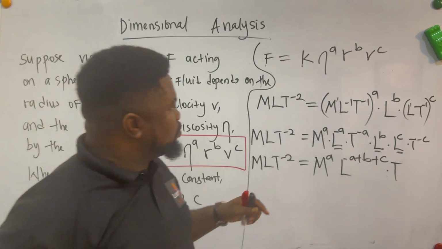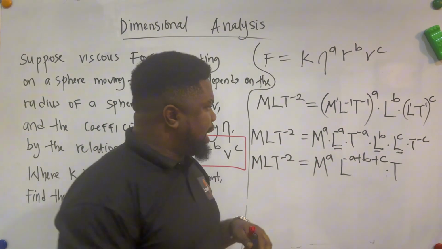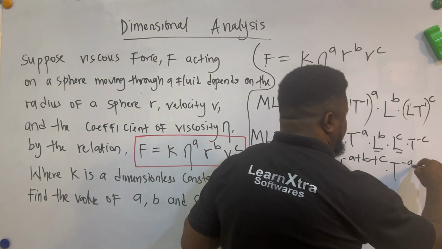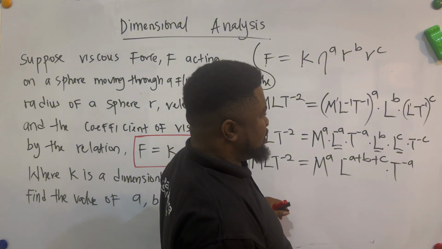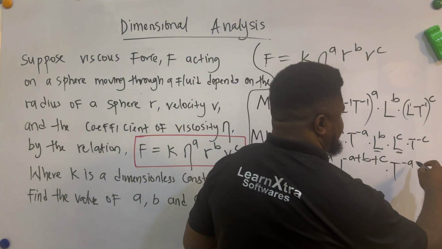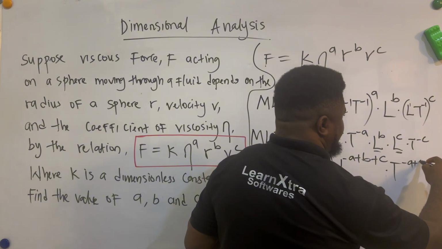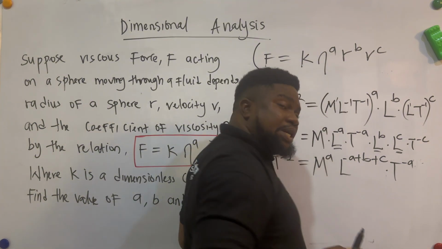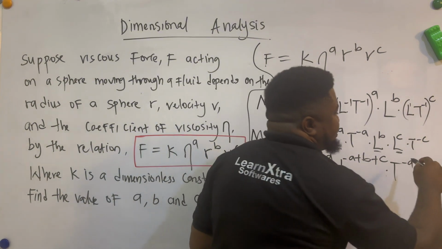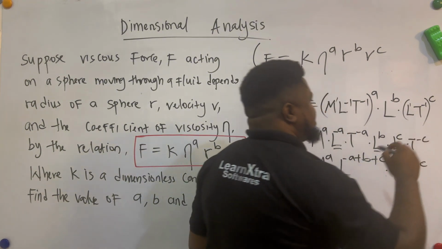For T, we have here minus A. Yes. Minus A plus minus C plus minus C. But plus minus is minus. So let's write minus C.